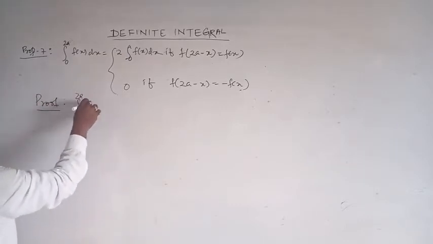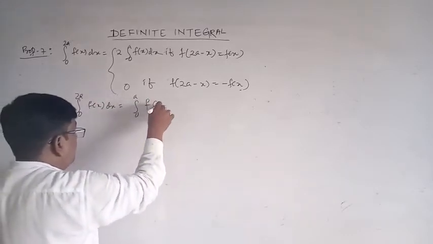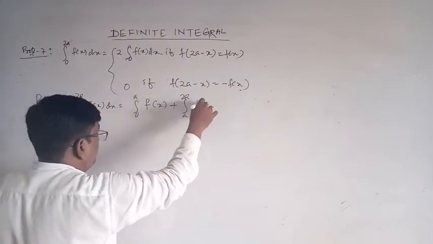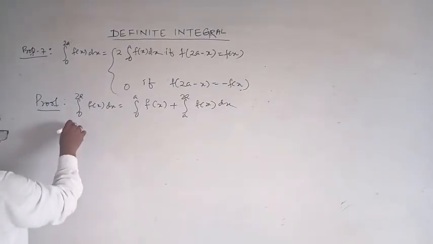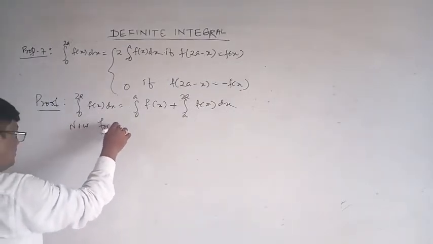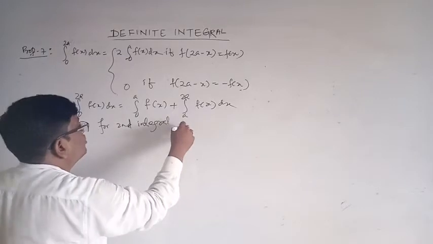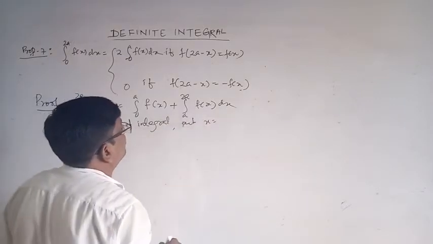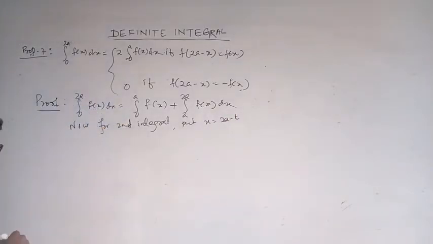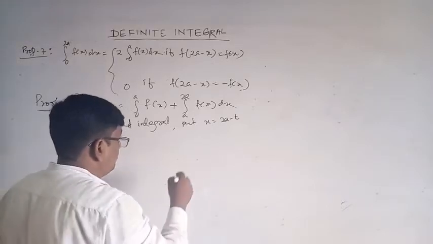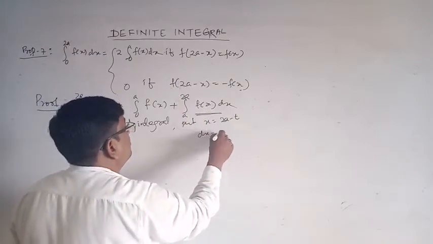Integral 0 to 2a f of x dx is equal to, we can write, integral 0 to a f of x dx plus integral a to 2a f of x dx. Now for the second integral, put x is equal to 2a minus t. So dx is equal to minus dt.